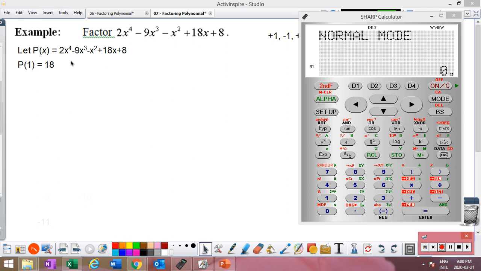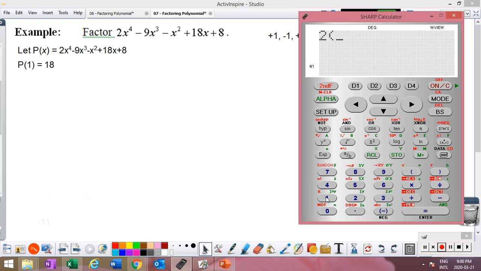Okay, so I'm subbing in 1, and I've already written the answer there to be 18, but you'll see it come out to 18. 2 bracket 1, and I want to put that with exponent, so find your exponent button.